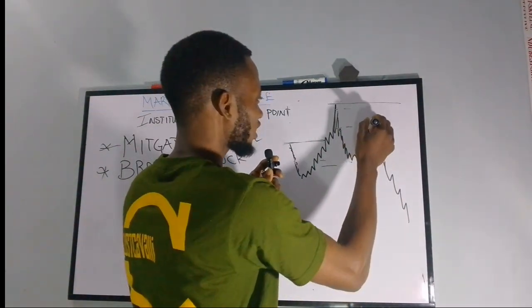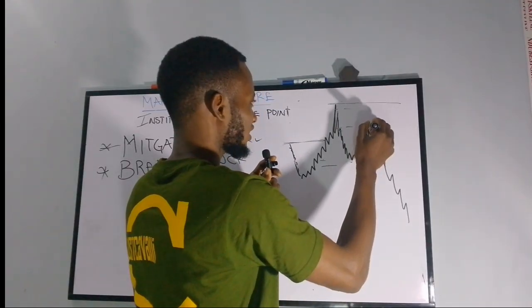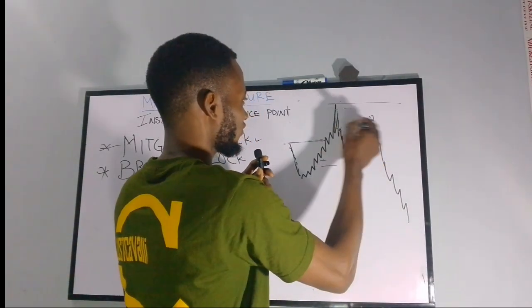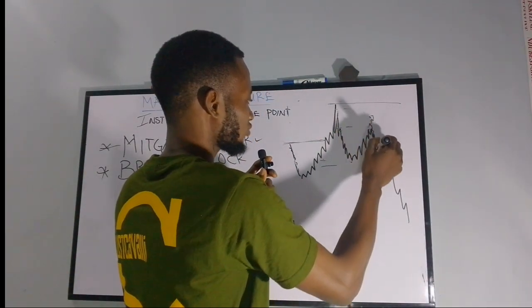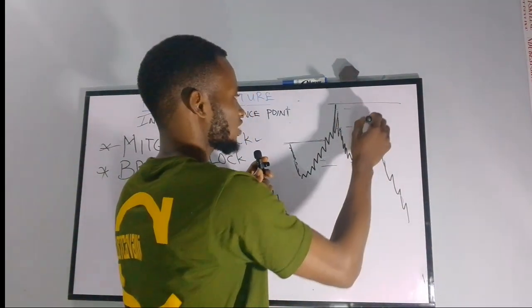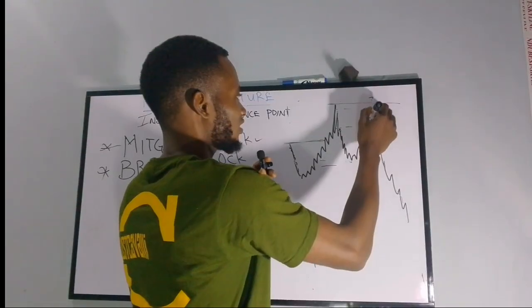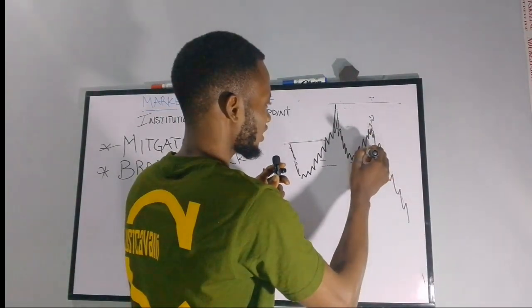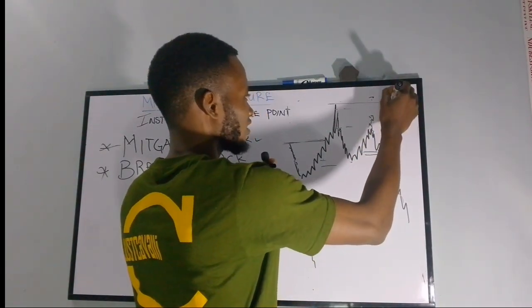But price didn't break above, price just reacted and mitigated either a fair value gap or order block, then price dumped. Meanwhile, we are expecting the price to actually break above this high and then come down to this level again and then give us another high.